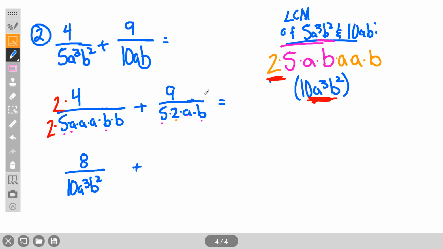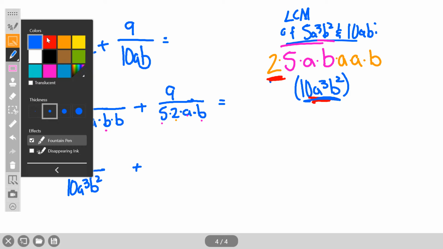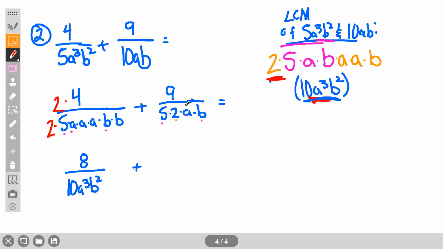Now we need to make the denominator of the second one 10a cubed b squared. So we need to multiply it by whatever factors it's missing. It already has the 2, the 5, an a, and a b. What it's missing is 2 a's and a b.